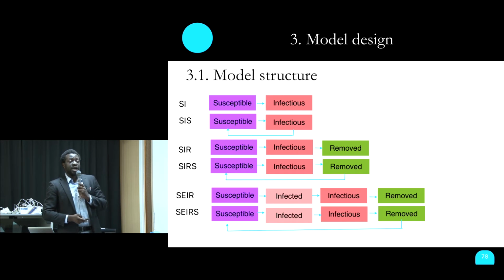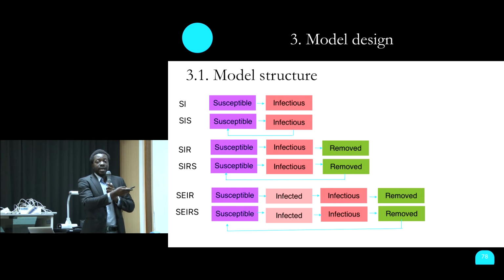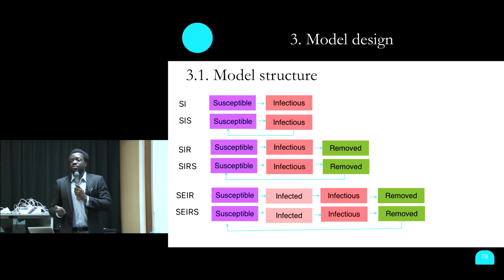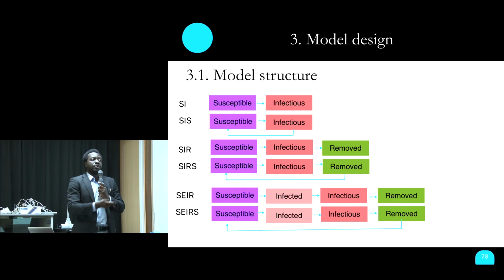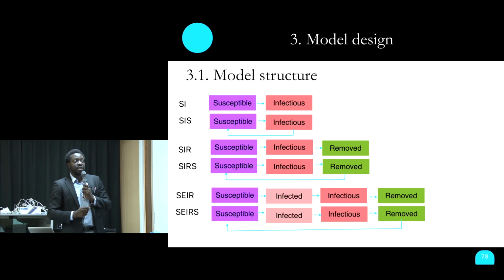There are many types of model structures. The simple one, for example, is SI, susceptible, infectious. So when you are susceptible, once you get infected, you directly become infectious. This is HIV. And you remain infectious until you die, if we consider the natural history.